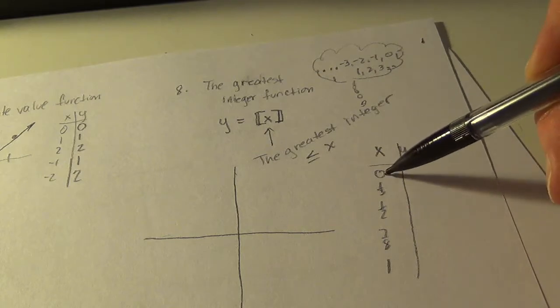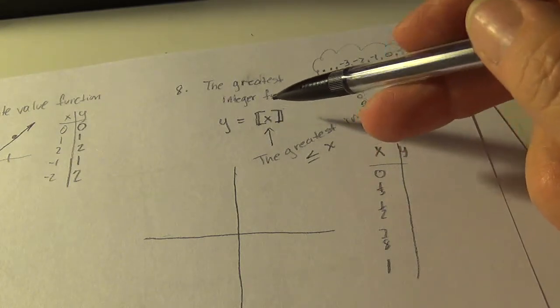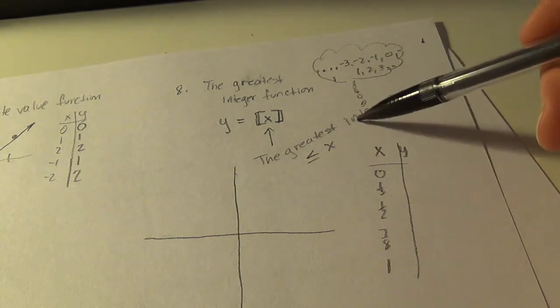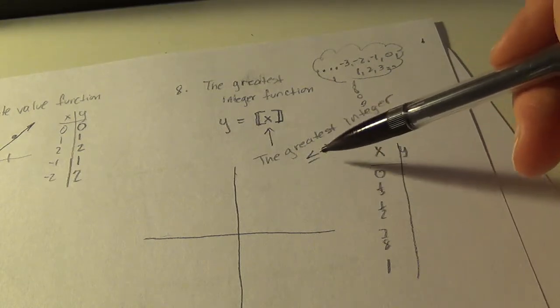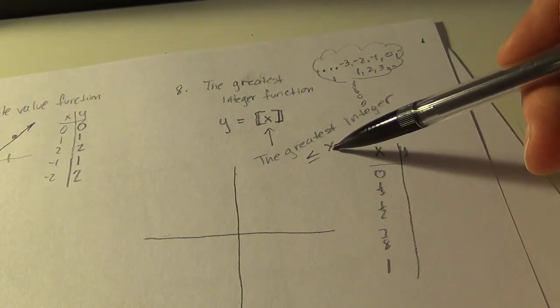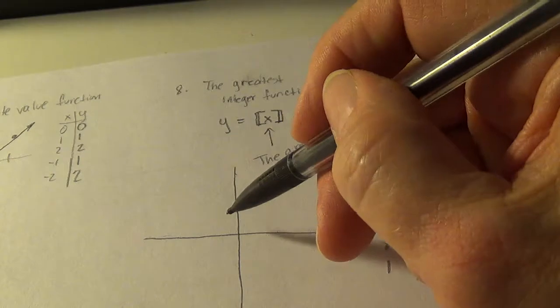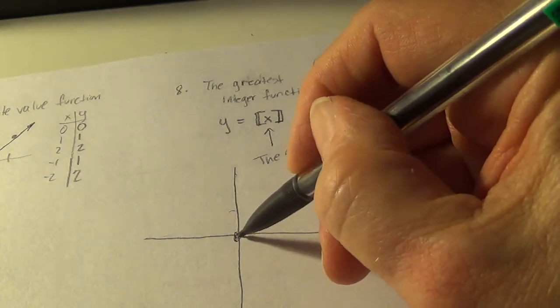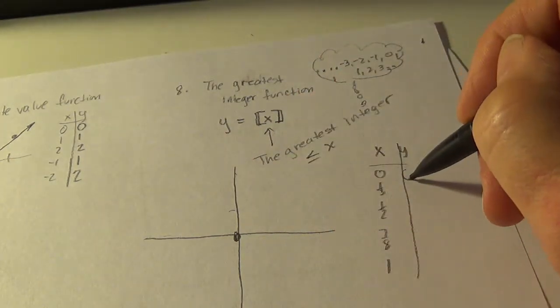So when I put a 0 into this function, it says, what is the greatest integer less than or equal to 0? Well, 0 is an integer, and it's equal to 0, so we're going to have 0.